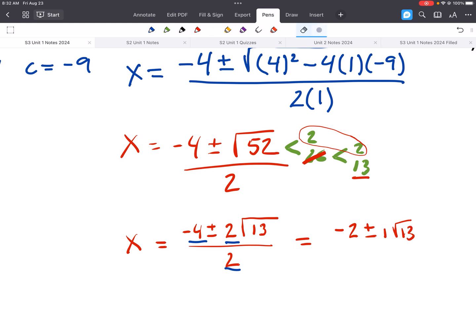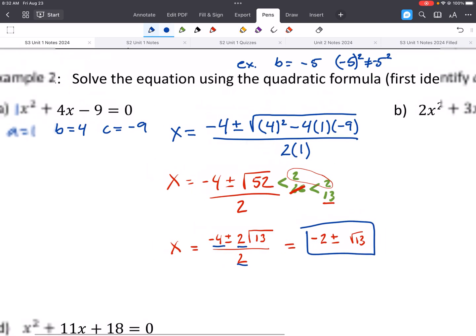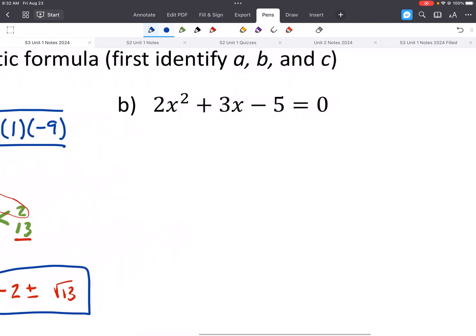And we don't need to have that 1 in there, so this would just be our solution. Okay, those are our 2 solutions. All right, so that's the whole process. Identify, substitute, simplify the discriminant, simplify the root if you can, sometimes you can't, and then see if you can simplify the fraction.